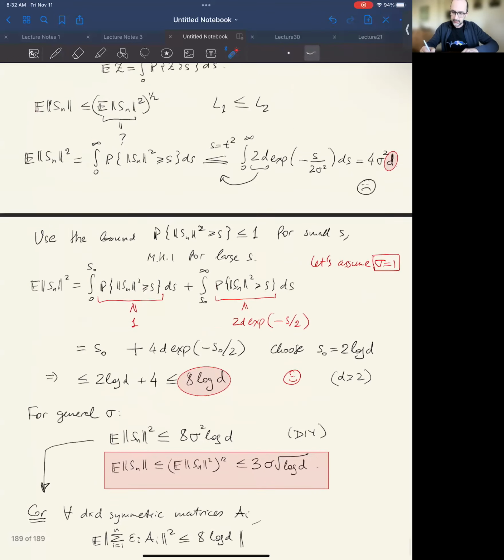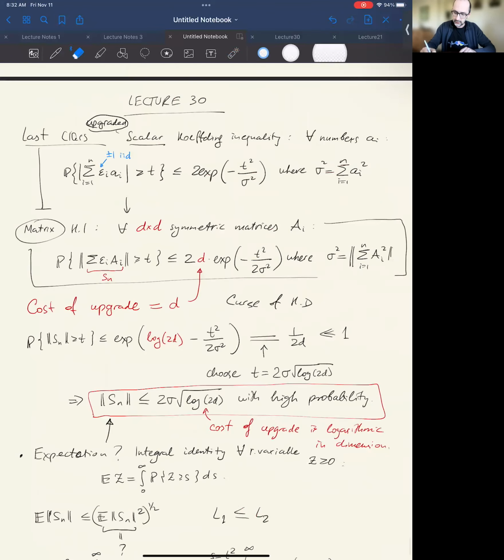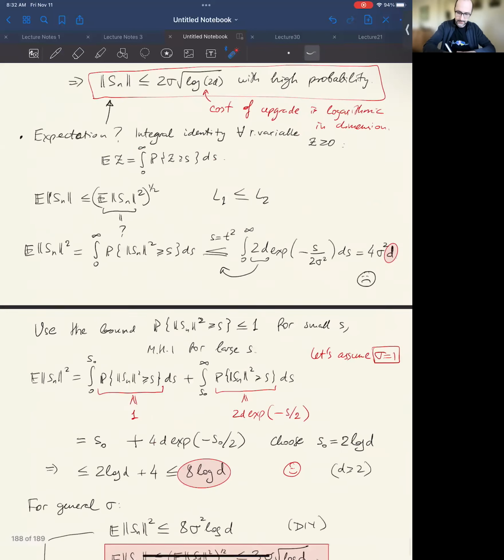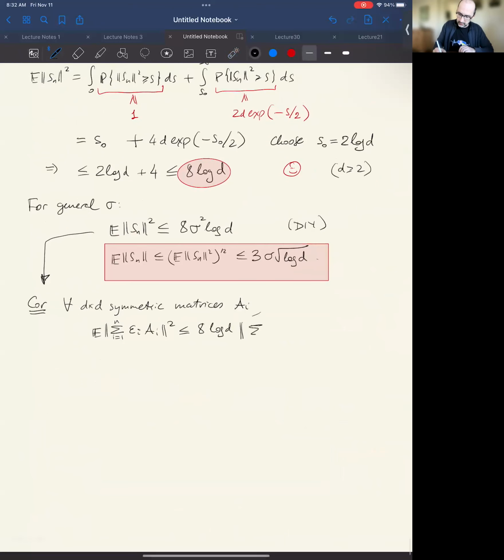Let me show you back again. Sigma squared is this. So I'm putting it back in here. Sigma squared is the sum of Ai squared.